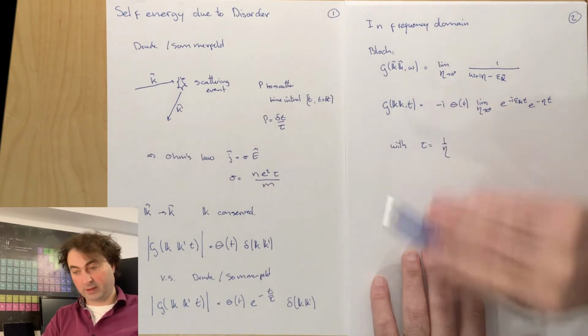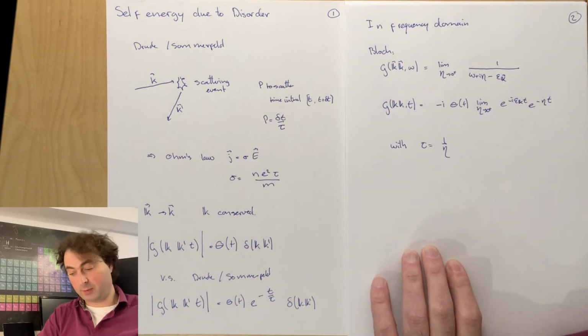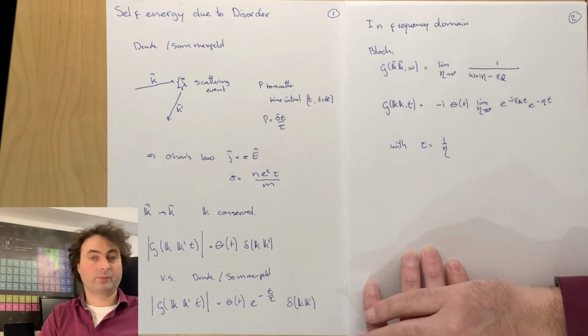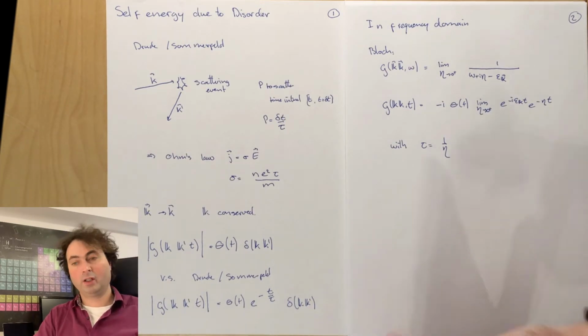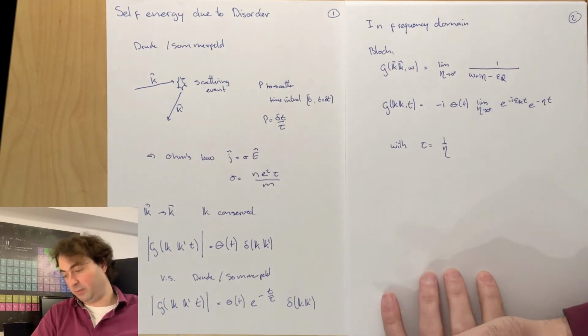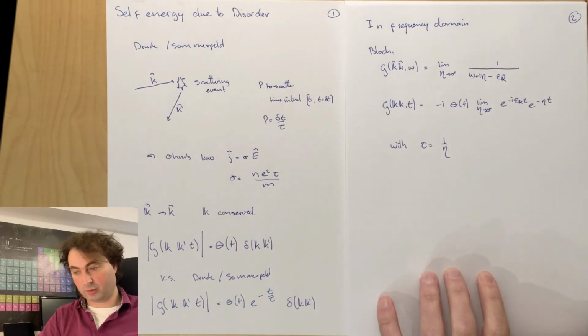Now the reason that crystal momentum is conserved is because we have translational symmetry. Not a continuous translational symmetry anymore, because then momentum would be conserved, but a discrete translational symmetry, which makes then our crystal momentum conserved.